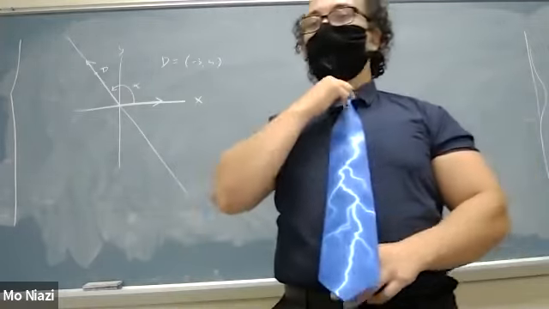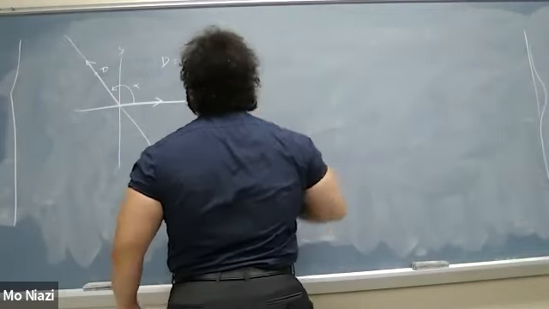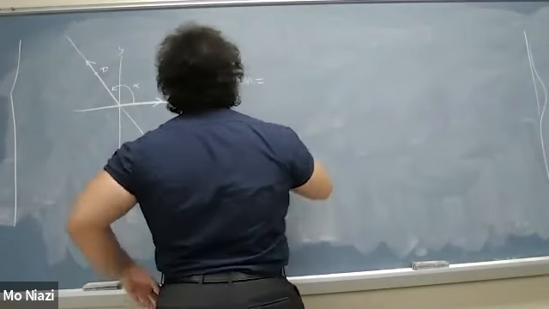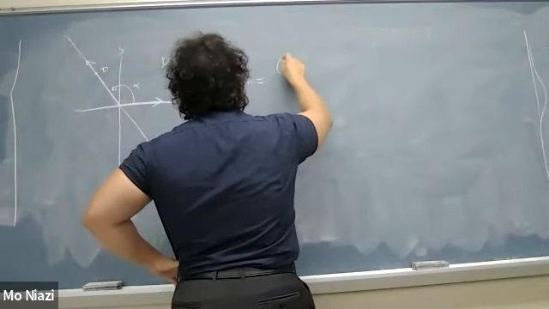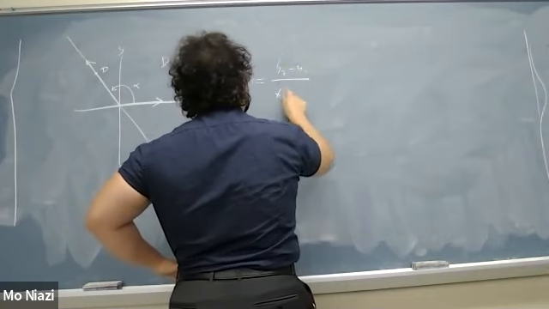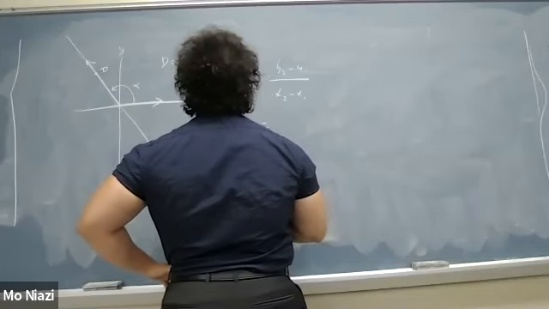First we need to find the slope, so we find another point. What point would you like to use? (0, 0). Yeah, the origin's a nice point. So we get y2 minus y1 over x2 minus x1. This is the same thing.